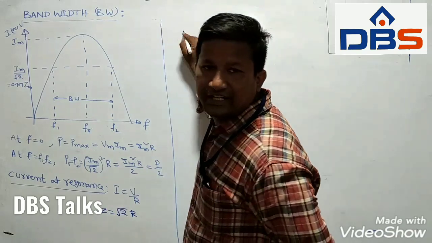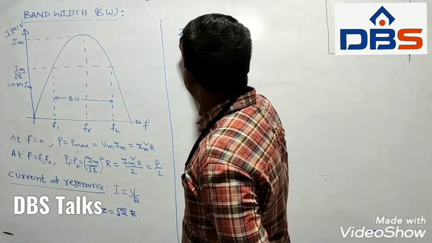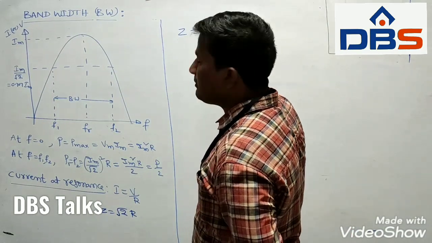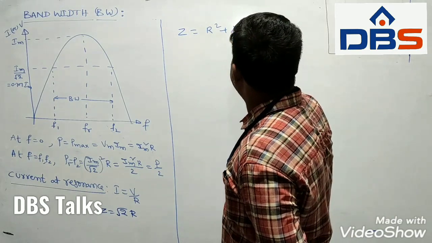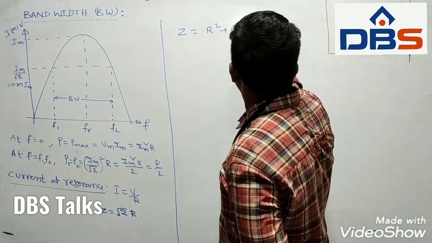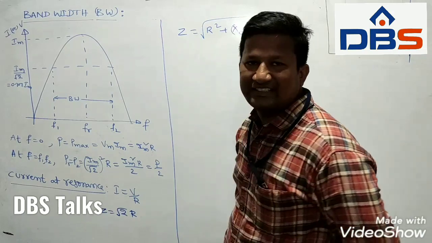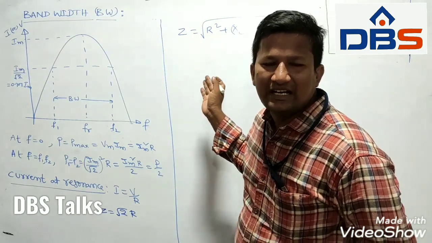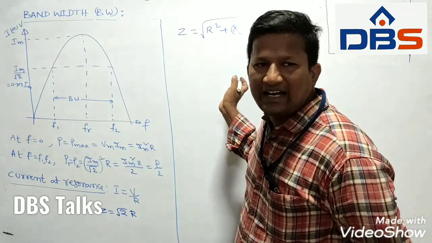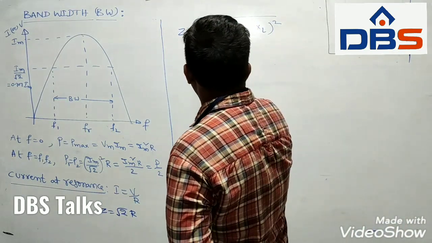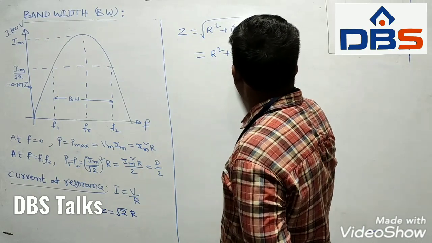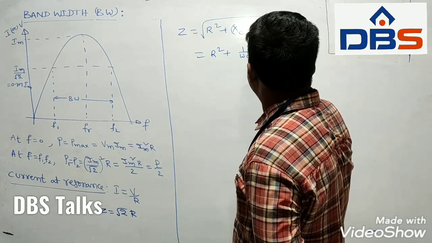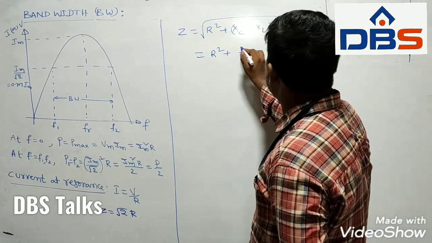We know that in the series resonant circuit the impedance Z is equal to the square root of R square plus (XC minus XL) square. We know that XC is equal to 1 by omega C and XL is equal to omega L. So we substitute that: R square plus (1 by omega C minus omega L) whole square.